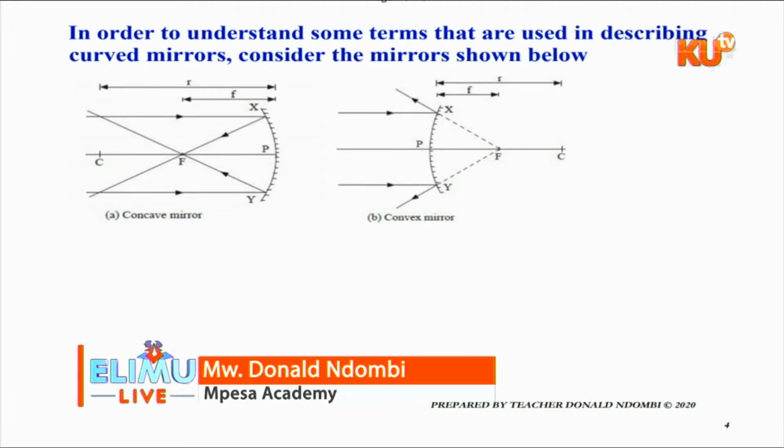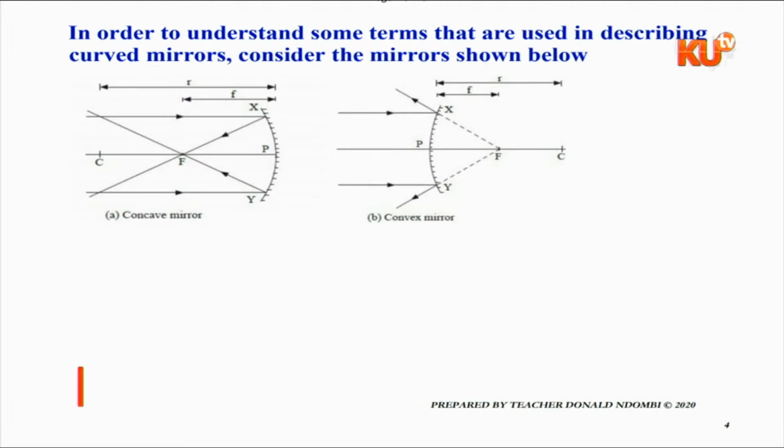In part B, the convex mirror, you can see F and C are behind the mirror. Then you can see some rays of light. How do you know a ray of light? The path taken by light is called a ray of light and is indicated by a straight line with an arrow to show the direction. Those two diagrams we will use to define some specific terms.